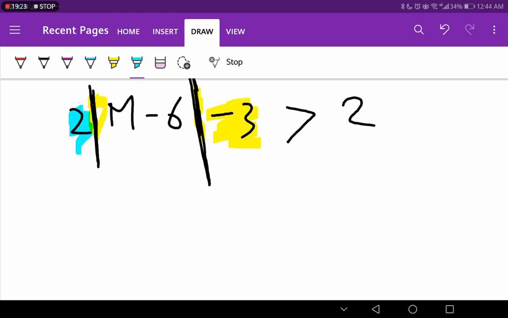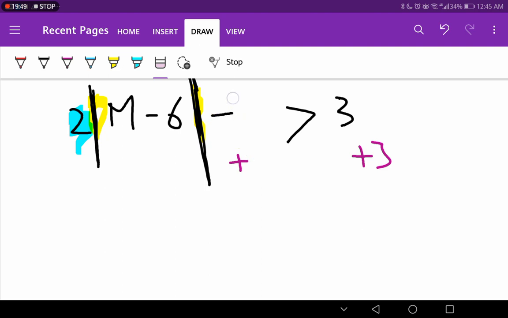Good. The first step, you have to eliminate the negative 3 by adding 3 here and 3 here. I will fix this question, by the way, to make it a nice number. I will make it 3. Okay, we add 3 here and 3 here. This is the first step.